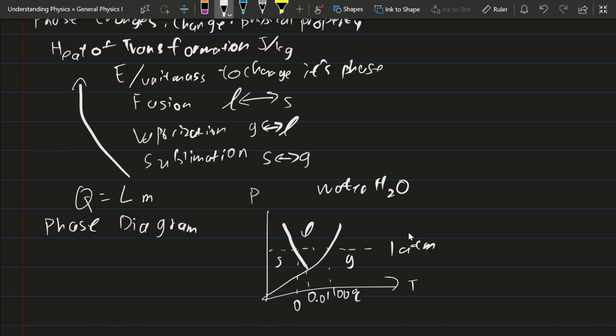There are certain points that are very important for you to know. In here to here, it is sublimation, as you know it. There is also from here to here, which you call the freezing point, and from here to here, that's boiling. So these points are the freezing point as well as the boiling point.